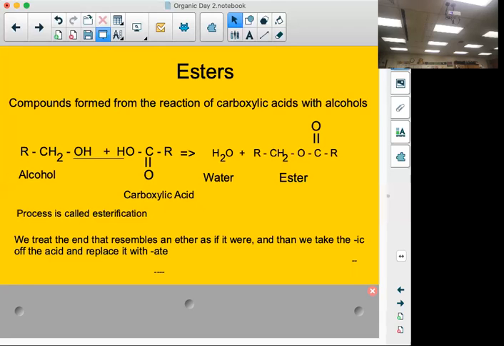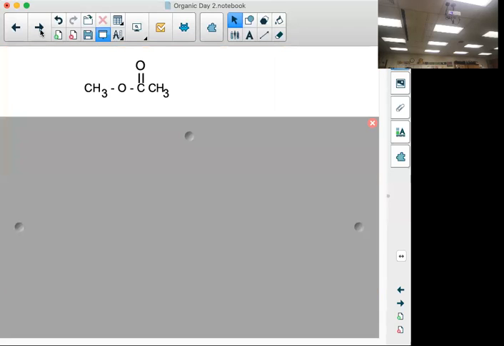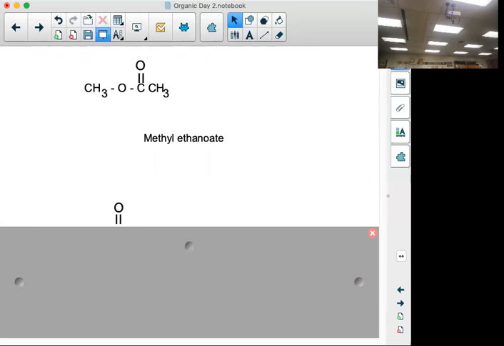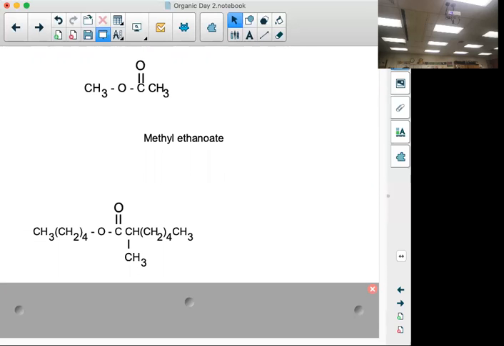All righty. So if we were to name that one, it would be methyl, and two is ethyl, ethanoic acid. So we name that as methyl ethanoate, otherwise known as vinegar. I'm not going to have you name these on a test. You just have to identify the type. That's all.